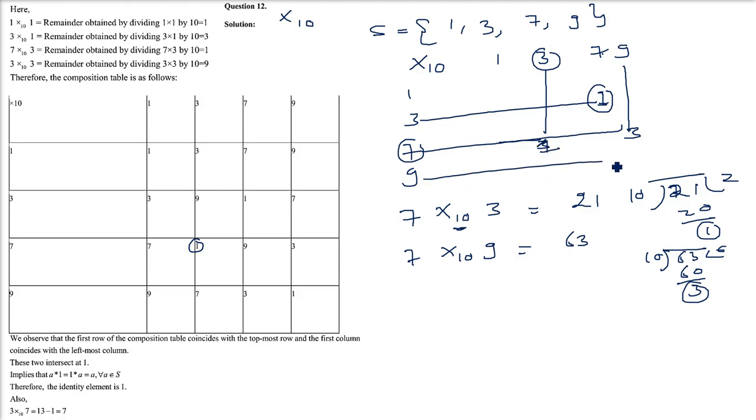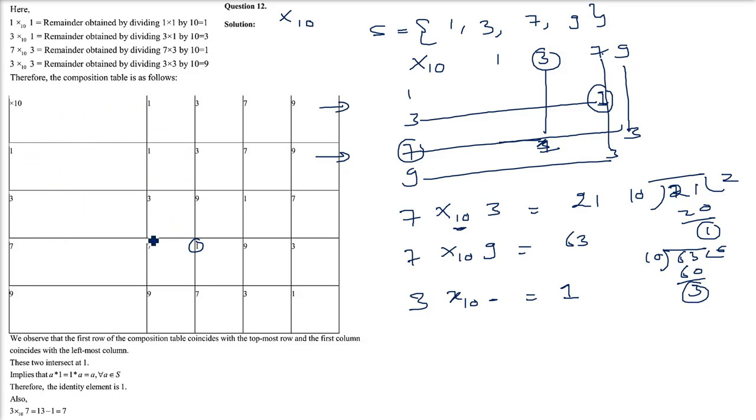So once these entries are done, there are first row and first column. What you have to find out is the inverse of 3, because the inverse of 3 will only come when we know the identity element. Identity element is 1. In multiplication normally 1 is the identity.